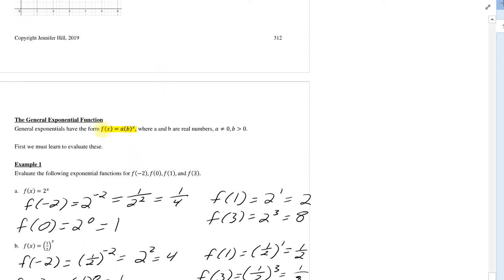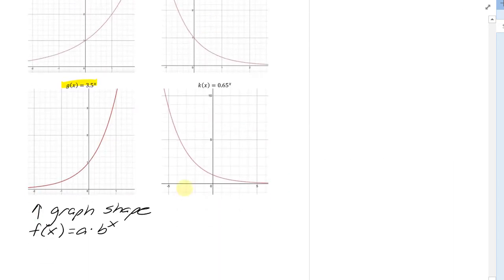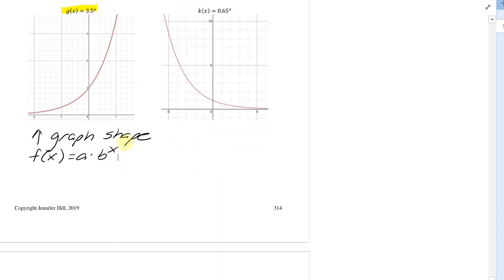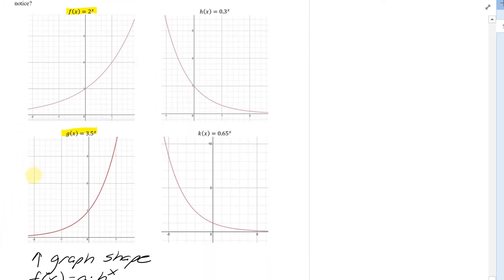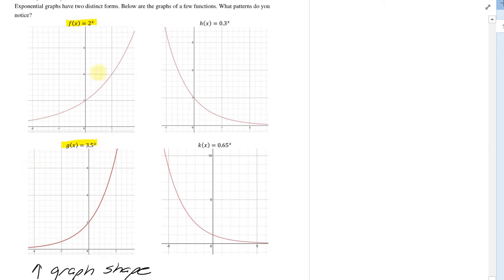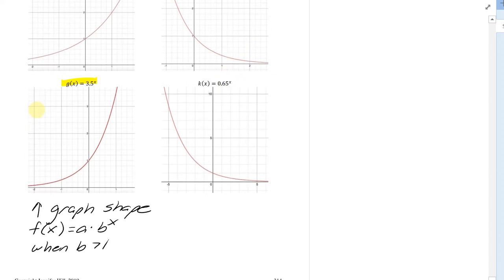I'm just using the definition right here that I highlighted. So this is the shape when b is greater than 1. Notice for these two, the thing that has the exponent on it, they're both greater than 1, versus these two, these are both less than 1.